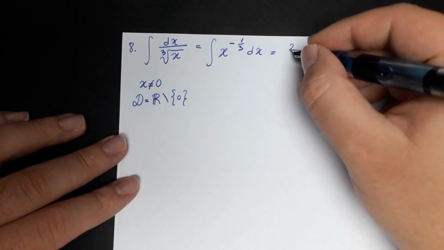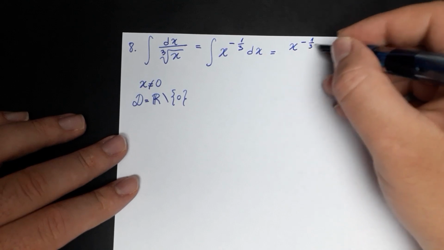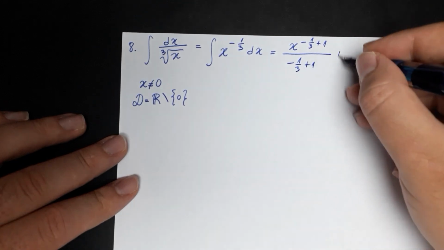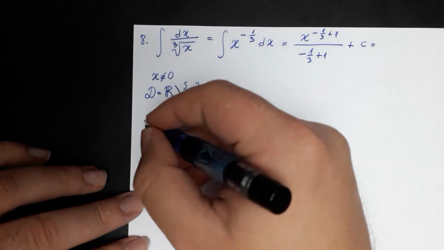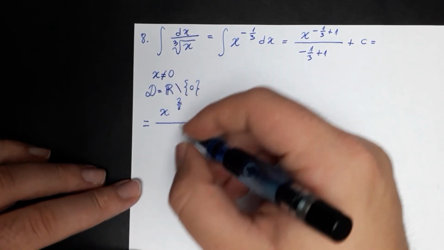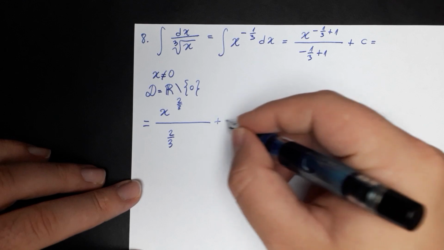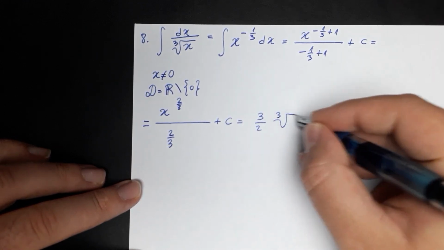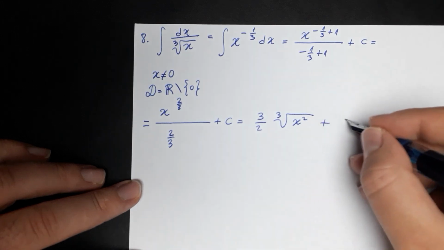This is then equal to x to the power of negative 1/3 plus 1 divided by negative 1/3 plus 1, plus c, which gives us x to the power 2/3 divided by 2/3 plus c, which is 3/2 times the cubic root of x squared plus c.